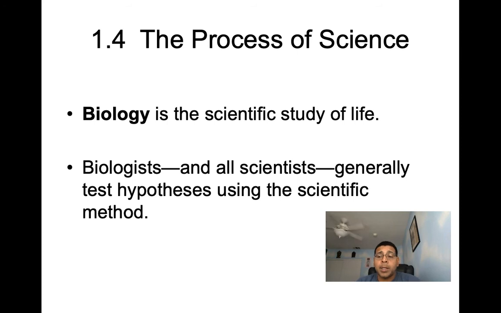Next then, the processes of science. When we talk about the process of science, first let's talk about defining biology. Biology, I'd like you to know, is the scientific study of life. Biologists can be found basically anywhere studying life forms.